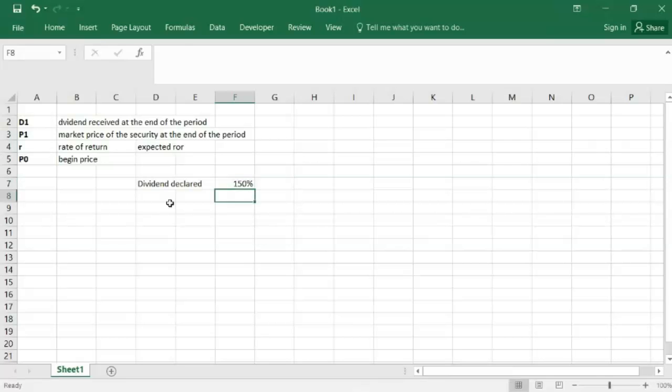150 percentage dividend is paid. The face value of equity shares is given as 10 rupees.